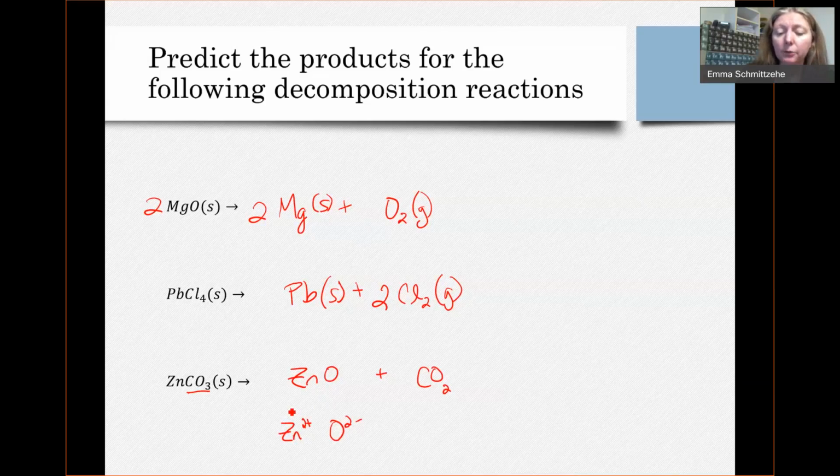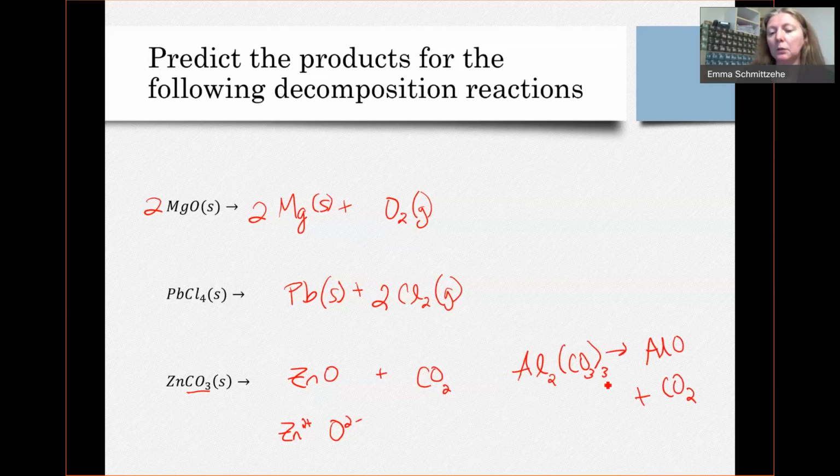So let's do a different one. If we had aluminum carbonate, this would break into aluminum oxide and carbon dioxide. But aluminum oxide is not AlO. Aluminum oxide is made up of Al3+ and O2-.